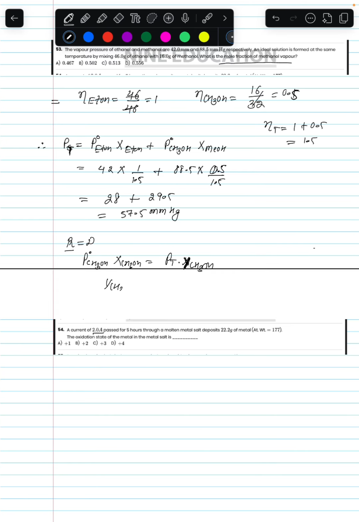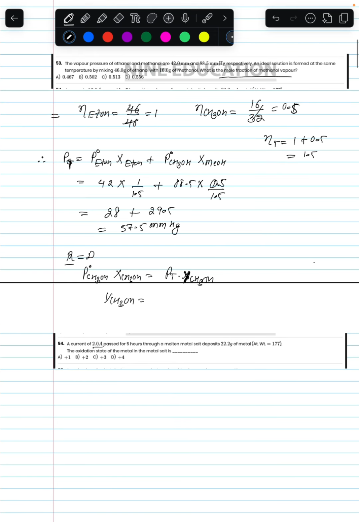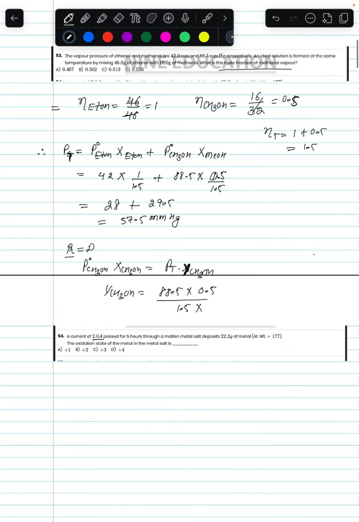So mole fraction of methanol in vapor phase will be P naught of methanol, that is 88.5 into its mole fraction 0.5 divided by 1.5, and total pressure 57.5. So it comes out to be around 0.513. So correct answer is C.